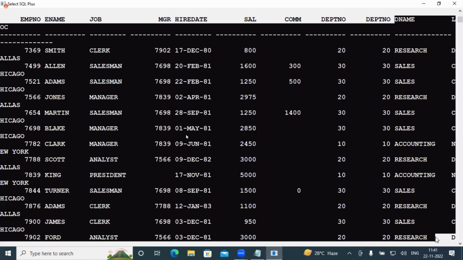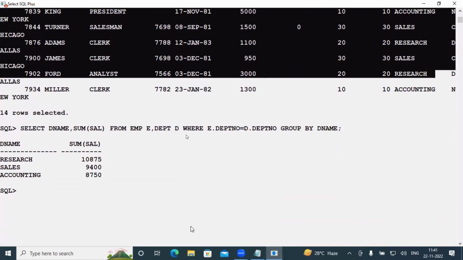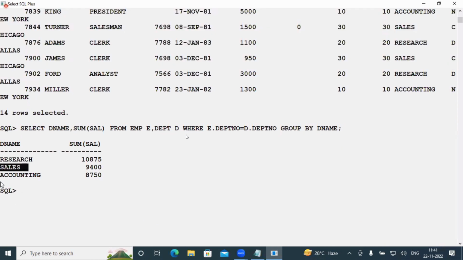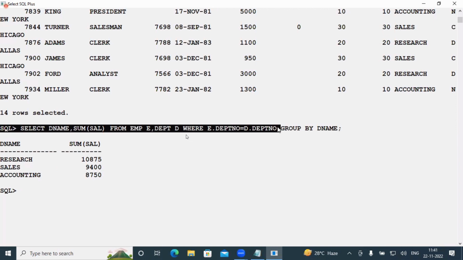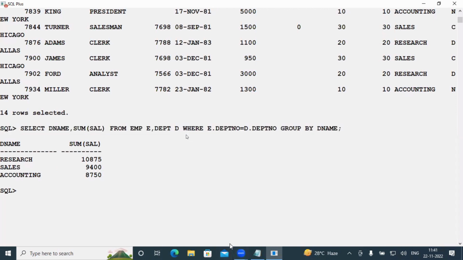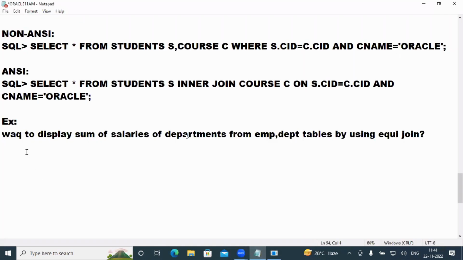After separating, there are three departments, so three groups happen: first research, second sales, and third accounting. After grouping, we apply the sum of salary function. So this is another example of equijoin. This is non-ANSI.